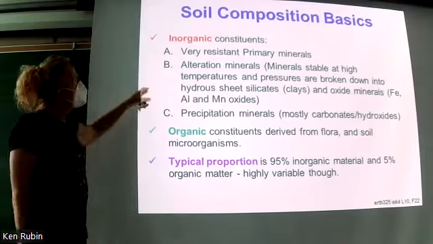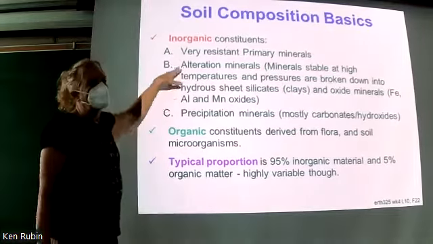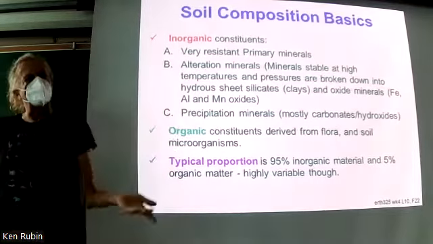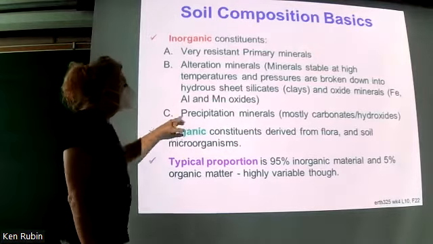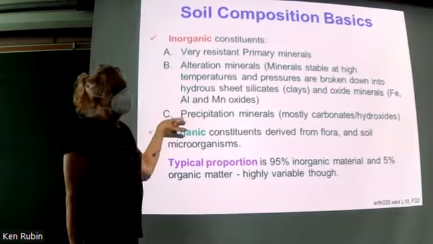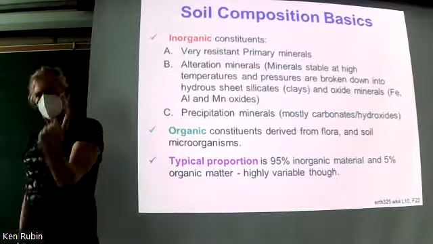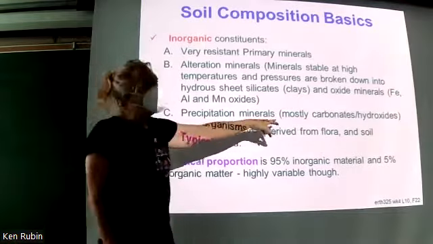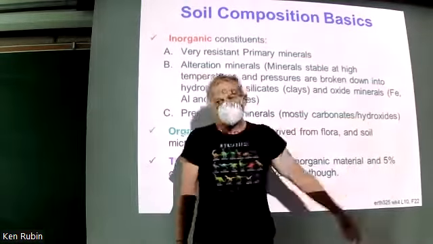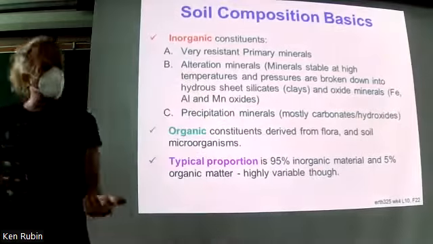But then we also get a lot of these, the alteration minerals, the ones that are the breakdown products of all the minerals that do break down. And then we have a third category, precipitation minerals, right? Everyone knows precipitation, that's just stuff that comes out of water. This can be stuff like calcium carbonate, it could be hydroxides of aluminum or iron.